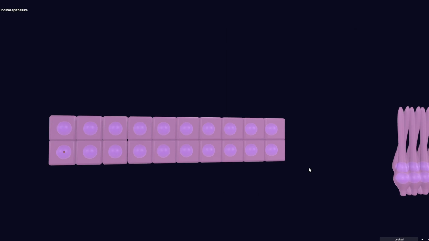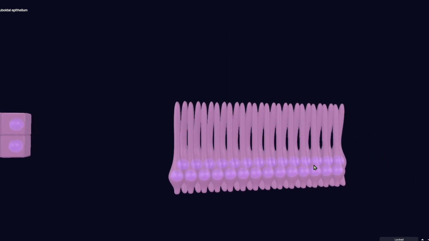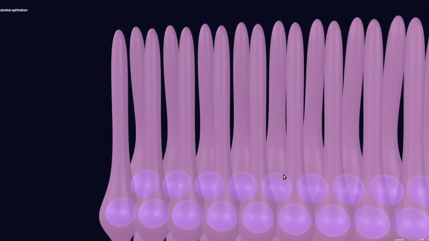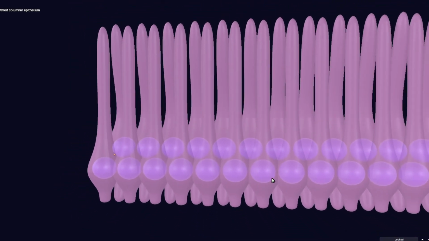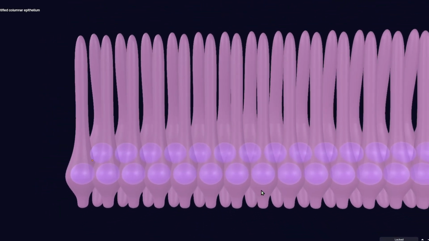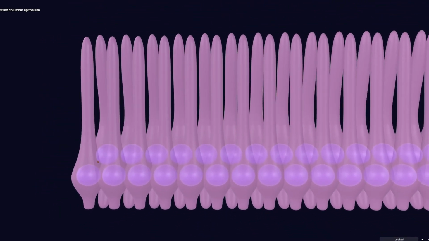Now let's move forward. Here there is an interesting scenario. Now here you can see that if you try to focus, you might be tempted to label this one as stratified epithelium. You see, here are these nuclei of the cell.